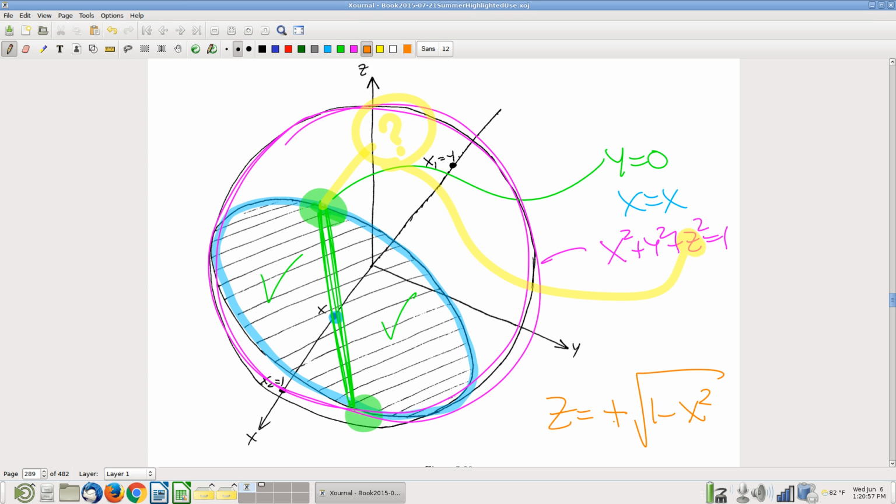Okay, now let's go through this analogous calculation for that point, the one at the bottom. How are we going to find our lower bound for z? Well, that point, the lowest point, also has y equals 0, still on my same x slice, again on the sphere that has this equation.